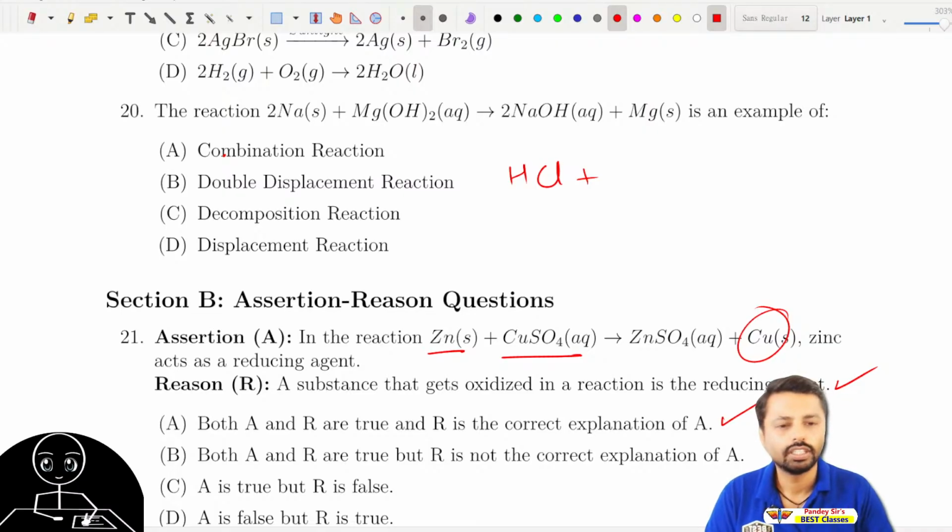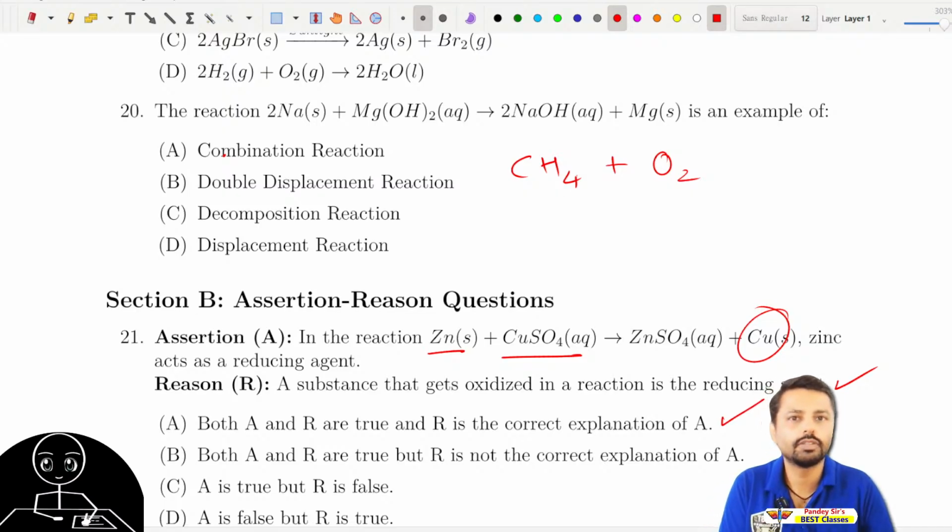No. Which one? CH4 plus O2. Yes, this is better, this is simple. The burning of methane. So we get CO2 plus H2O.